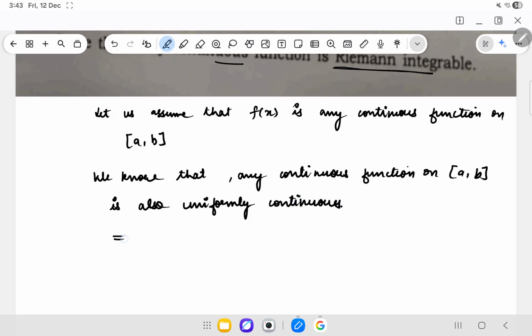So using this result we can conclude that f(x) is uniformly continuous on the closed interval [a, b].